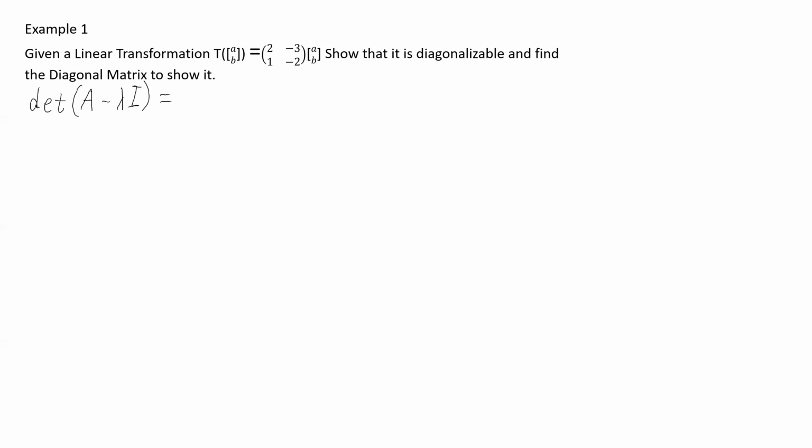Since the identity matrix is a diagonal matrix, that will give us 2 minus lambda, -3, 1, -2 minus lambda. And we're still looking for the determinant.